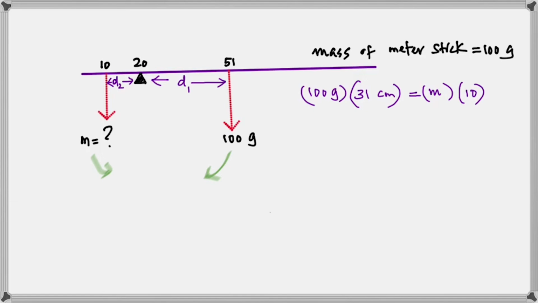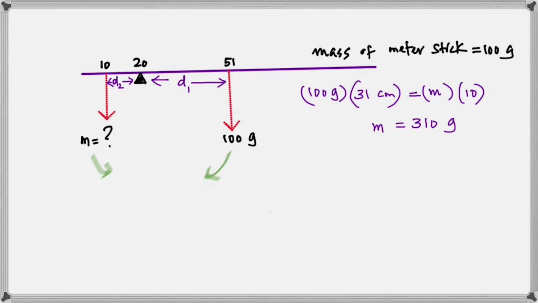So when you do that, you are going to get 310 gram. Did you realize where, instead of the distance, you took the number? That's what I've seen them do. I've seen everybody do all the mistakes.